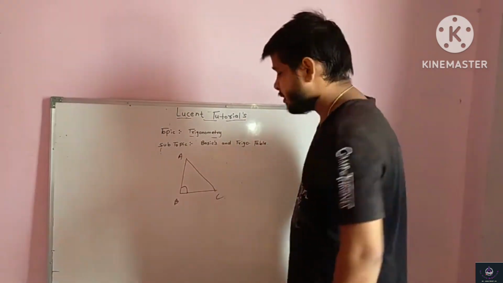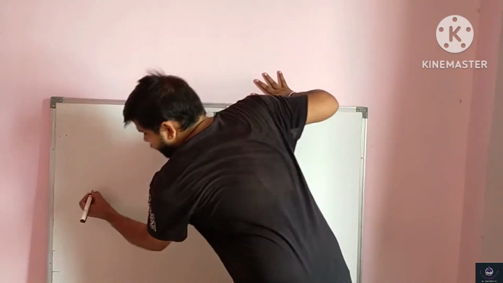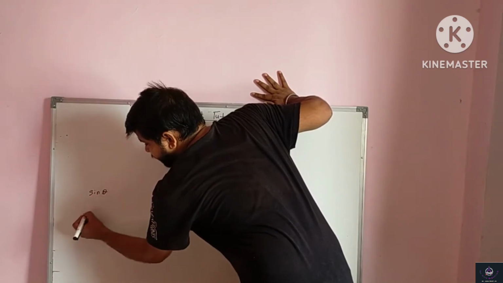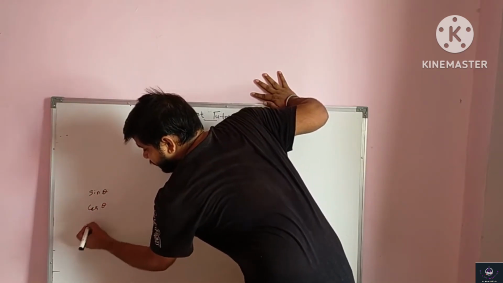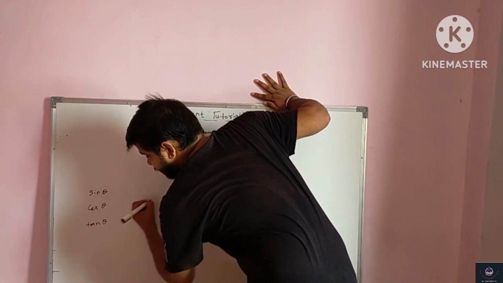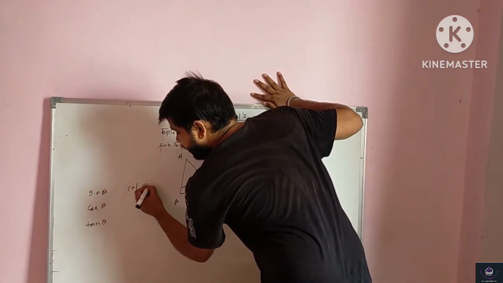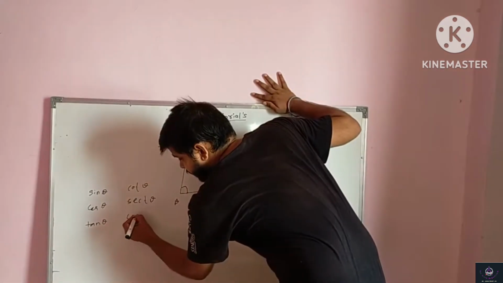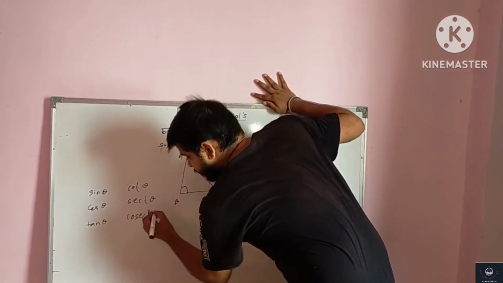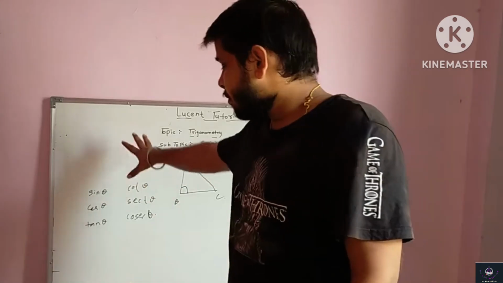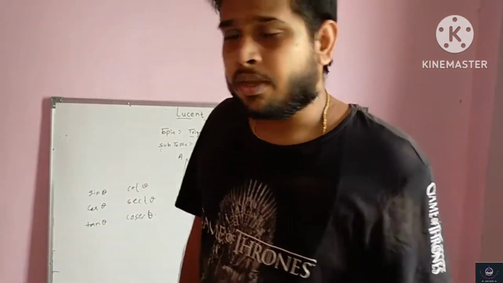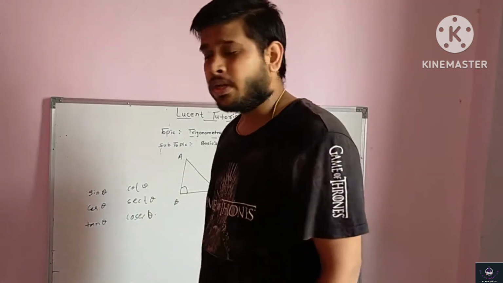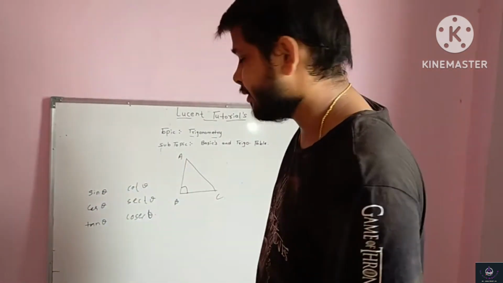What we will learn are some formulas over there like sin theta, cos theta, tan theta, cot theta, sec and cosec. So we have this much main components of trigonometry. We can call them trigonometric ratios. They all are trigonometric ratios. So we will learn something about that.